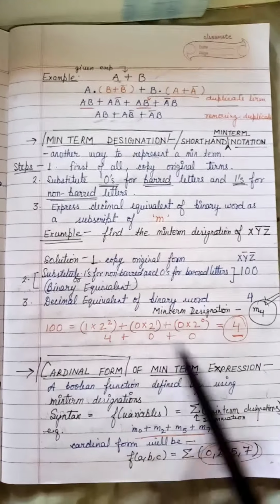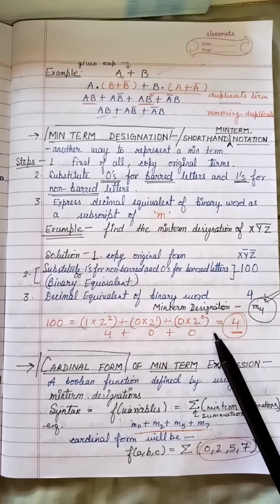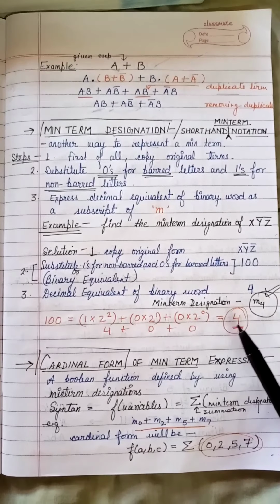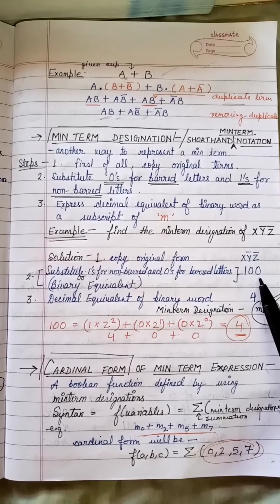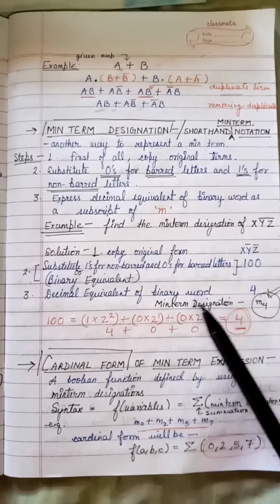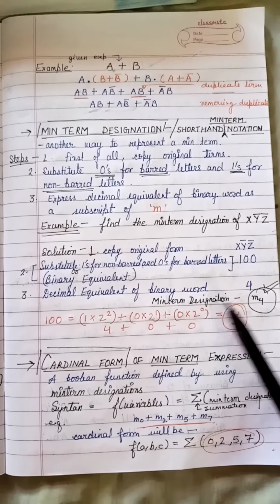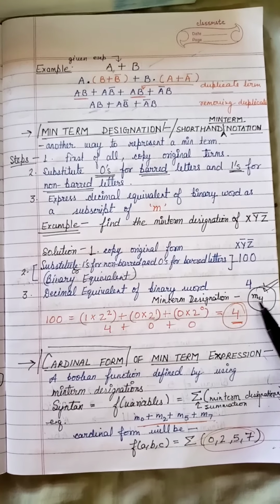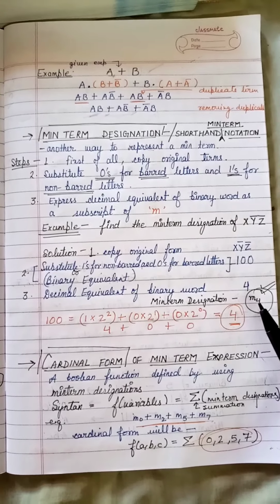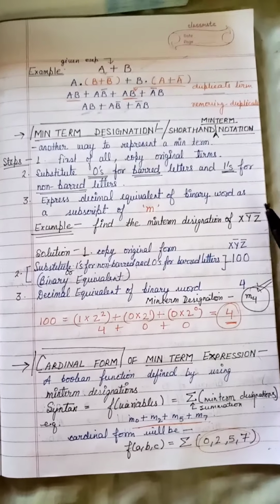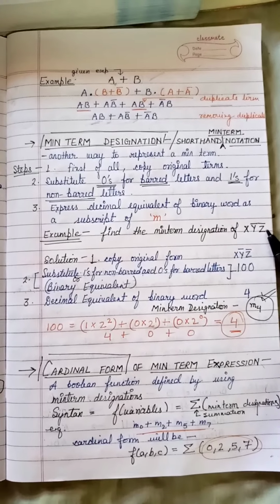Using this way you will calculate the decimal equivalent of this binary word 100, that will be 4. So the min-term designation will be small m subscript 4. This is the min-term designation of x, y bar, z bar.